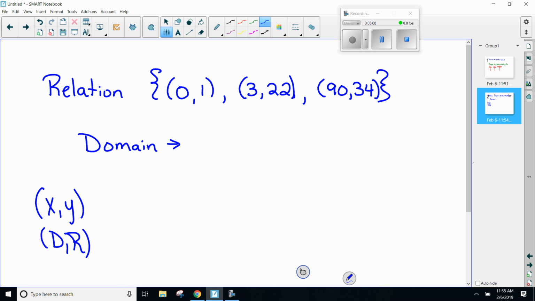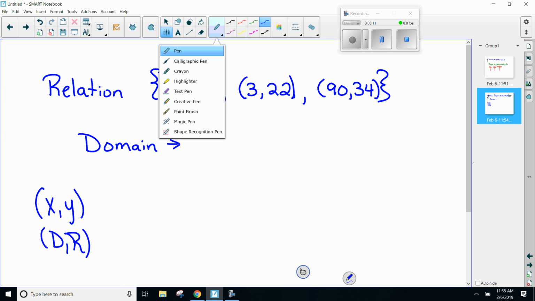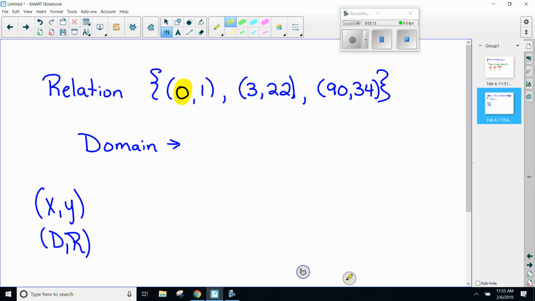So if they want to know the domain, domain is 0, 3, and 90. That's it. So your domain, they list for you 0, 3, and 90, just the x values.